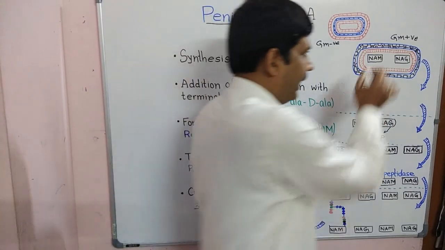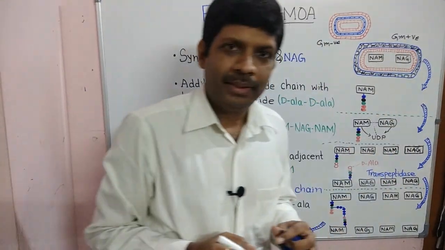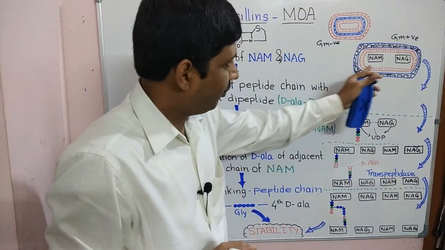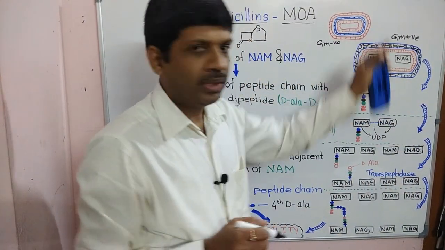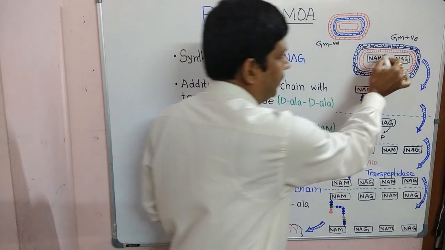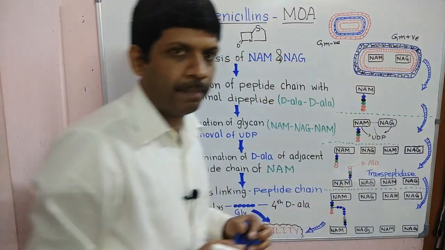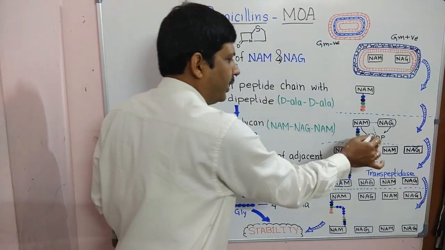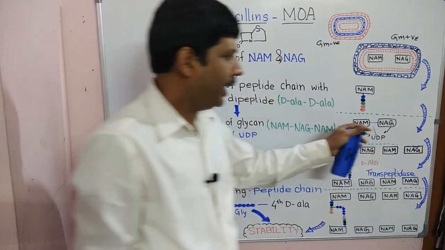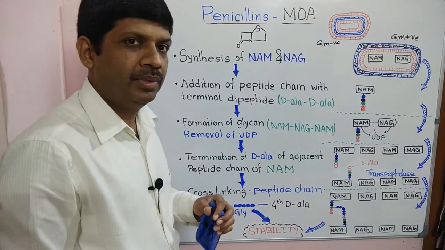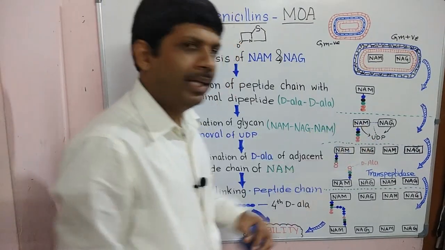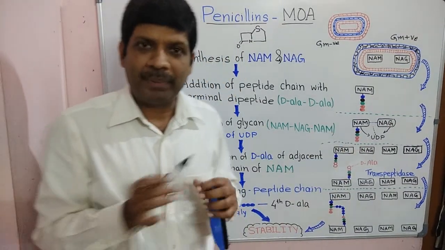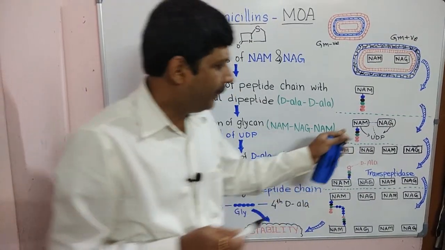This synthesis takes place inside the cell, in the cytoplasm, and then moves outside the membrane. Then there is a linkage of UDP along with NAM, and these are attached with the pentapeptides.